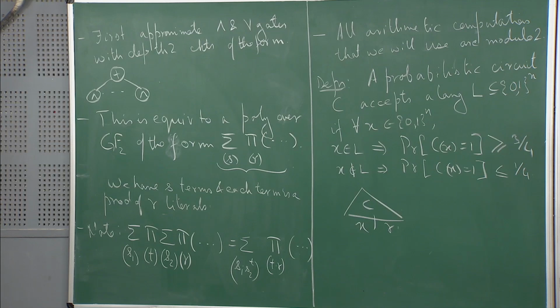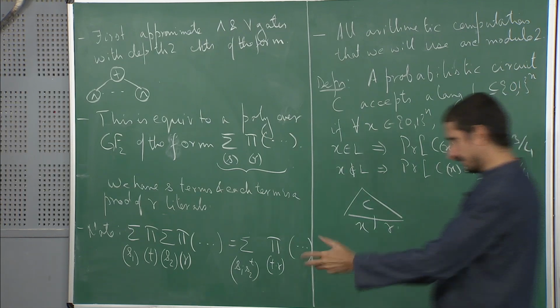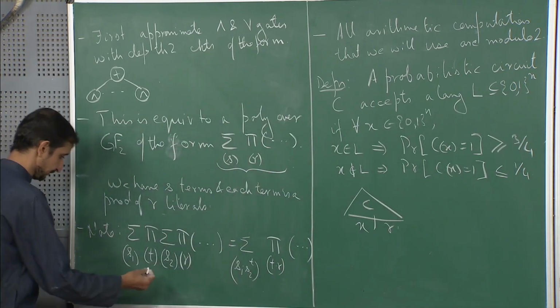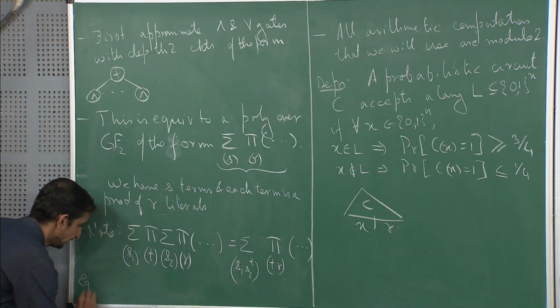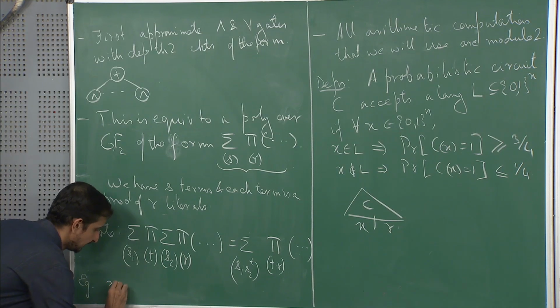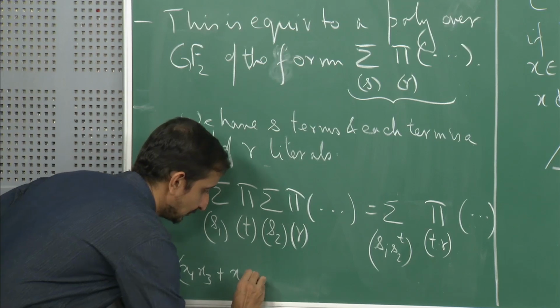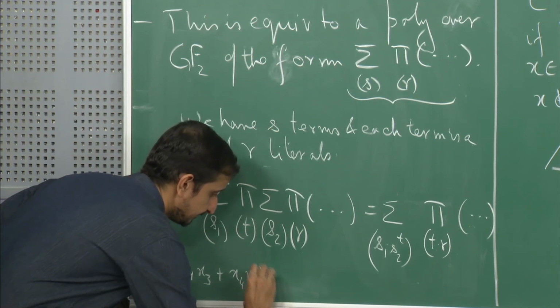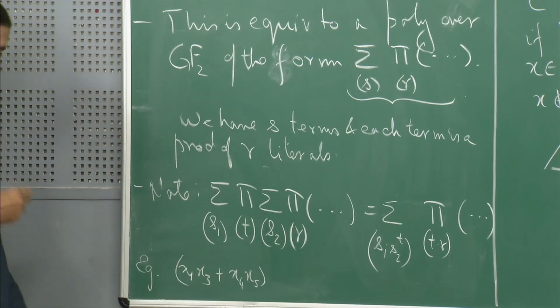So, let me just give a small example. Suppose we have something like x1 x3 plus x4 x5. Now, this is a sigma pi formula.